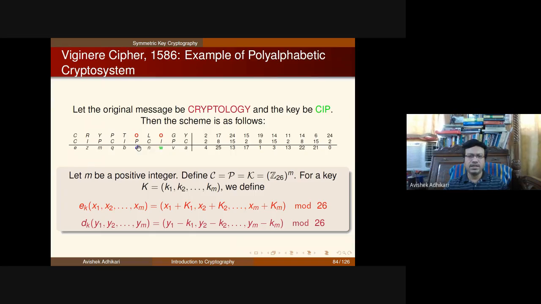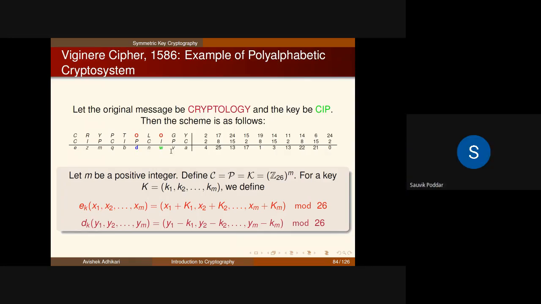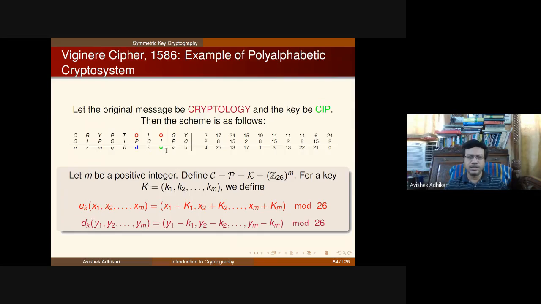That's why this is a polyalphabetic scheme. Is it clear to all of you? Monoalphabetic means a particular plaintext alphabet corresponds to exactly one ciphertext alphabet. That's why frequency analysis works there.